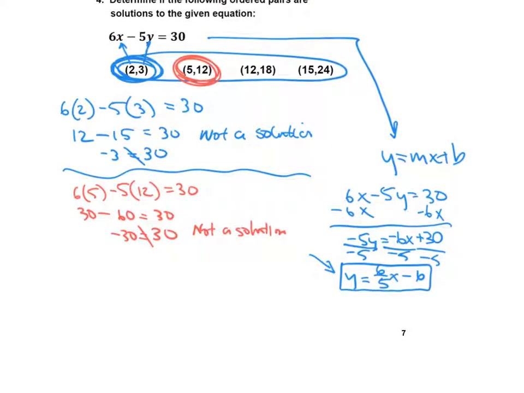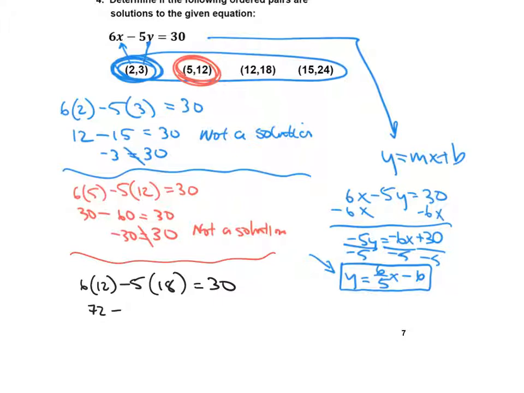What about 12, 18, and 15, 24? You would just substitute as you see it. So 6 times 12 minus 5 times 18 equals 30. And so you would just need to find out those values. 6 times 12 is 60, and 12, so that's 72, minus 5 times 18.